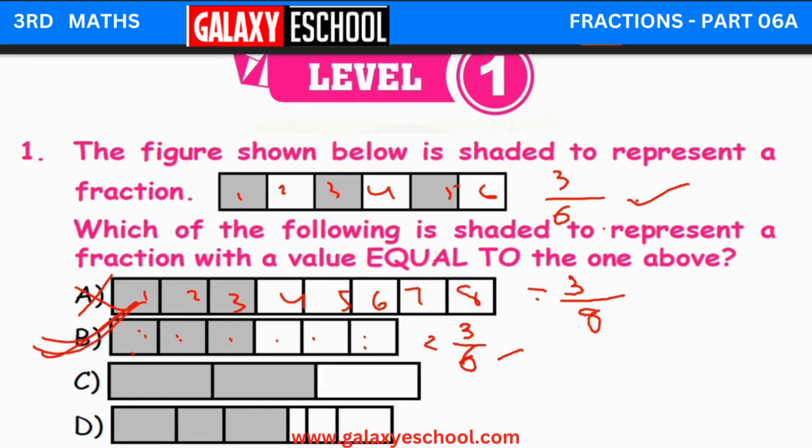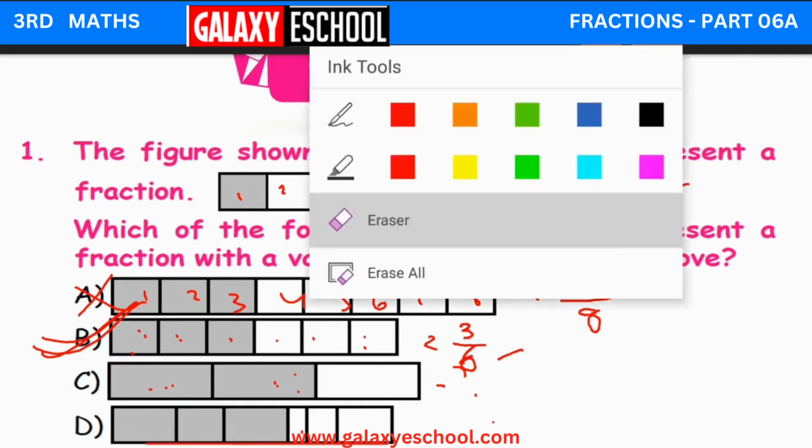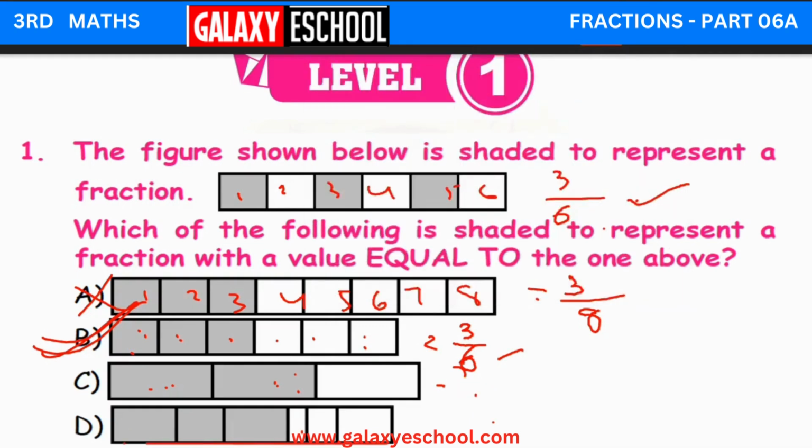If you look at option C and D, here option C, the fraction will be 2 by 3. Yes or no? 1, 2 divided by 3 total parts. And option D, we cannot write the fraction, children. Can you tell me why we cannot write the fraction for this? Because if you remember the very first class, fraction is a part.